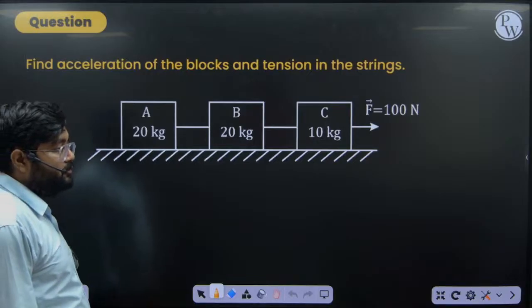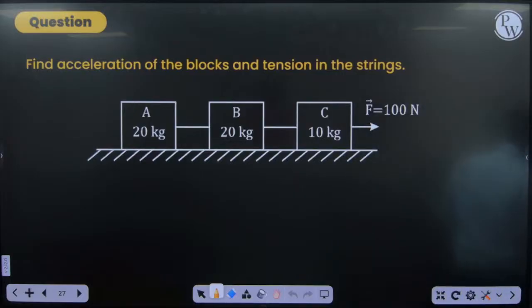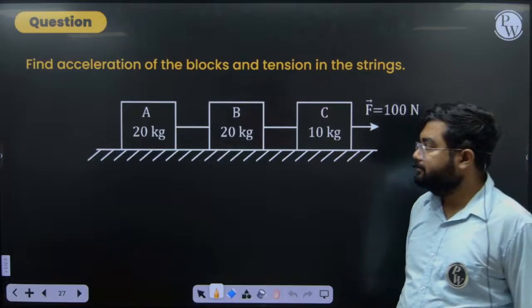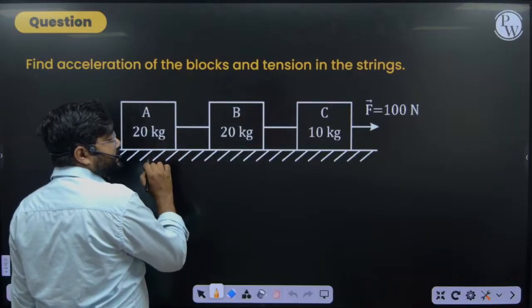Let us see a simple question. We have to find the acceleration of the blocks and the tension in the strings. Again, there will be different tensions acting in different strings.